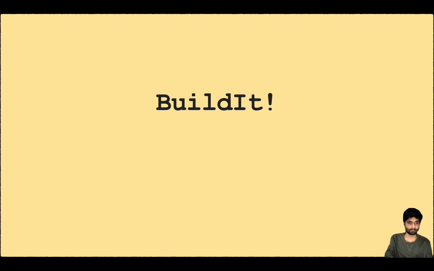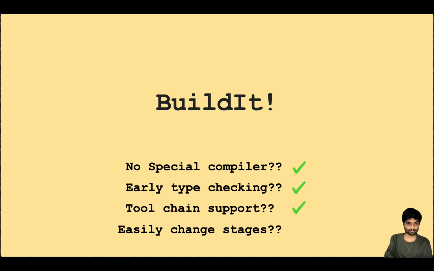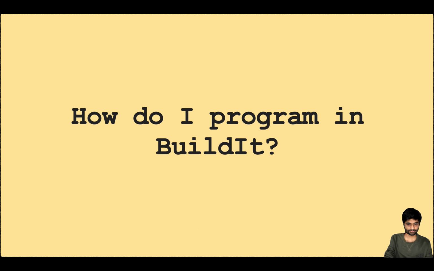This certainly increases the amount of effort and time the developer has to put in. That brings us to BuildIt, which is lightweight, so it works just like a library and doesn't require a specialized compiler, provides early type checking and toolchain support, and most importantly, allows us to move between two stages very easily. If that seems exciting, let us see how one would write multi-stage programs with BuildIt.